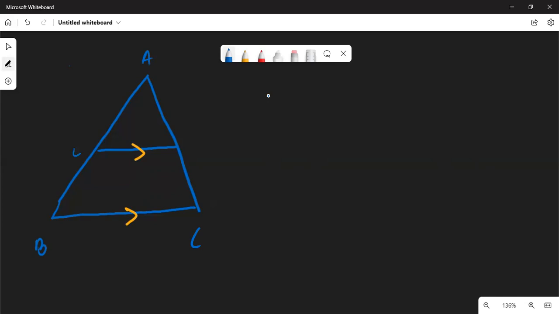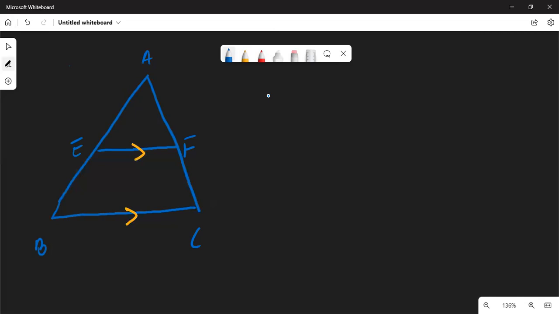Then we'll be having E and F in between. Just any in between here, you can put any letter. It can be M, N, P, Q, whatever you like. All right, so how are we going to formulate similar figures from what we are given?